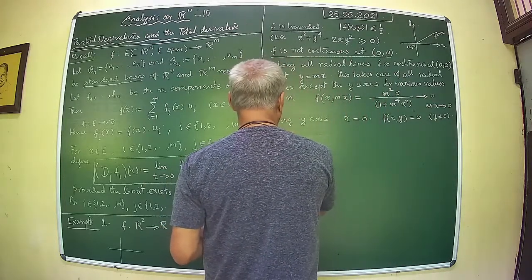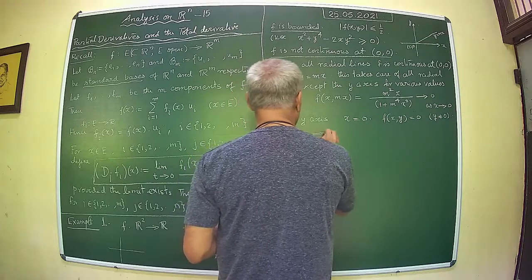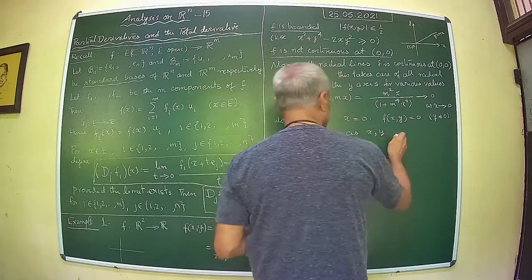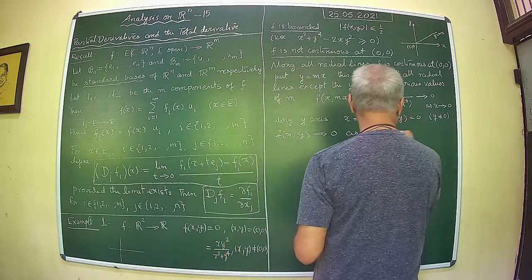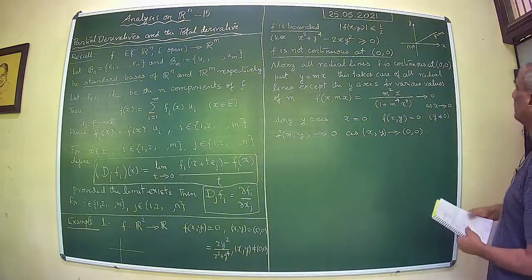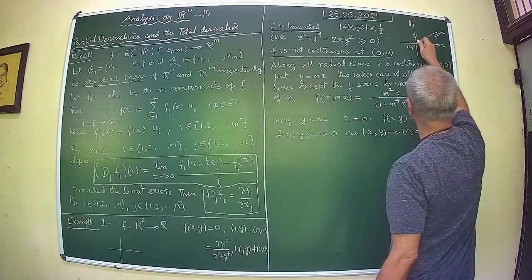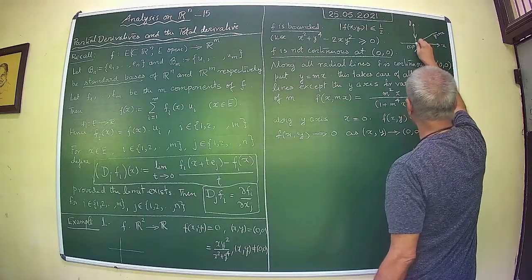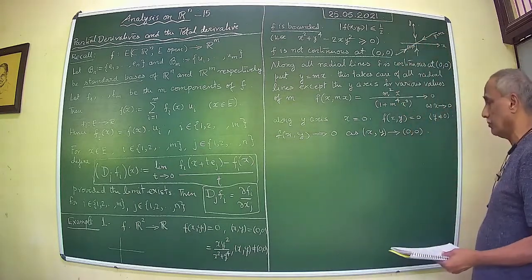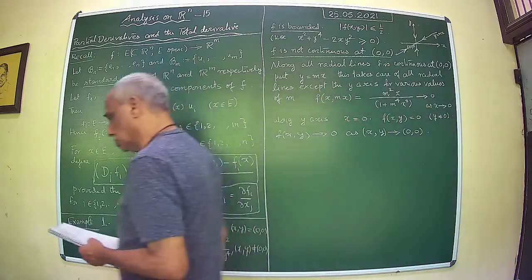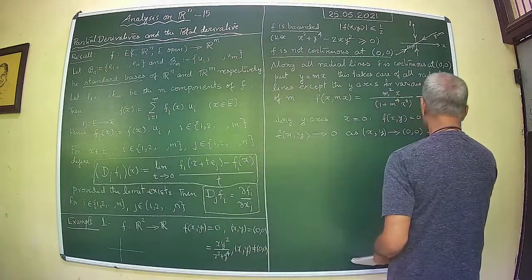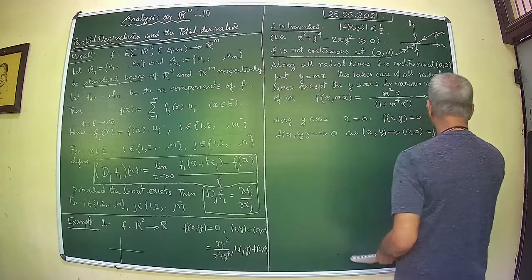So along all radial lines and along this line, you see that the function goes to 0, which is the value of the function, therefore it is continuous along them.